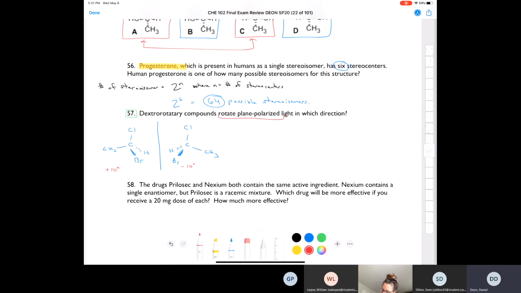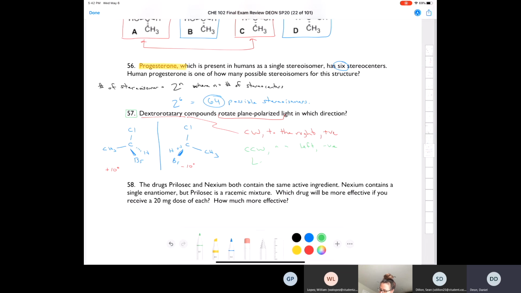And when the light is rotated positively or to the right, so we'll call this clockwise or to the right, or we can say positive, this is dextrorotatory. If the plane polarized light is rotated in a counterclockwise fashion to the left, it gives us a negative rotation in terms of its number of degrees.